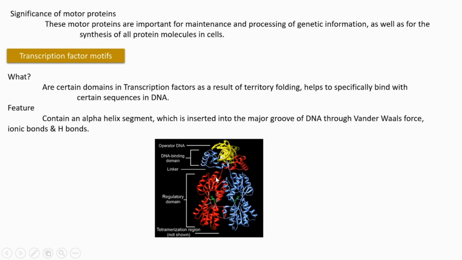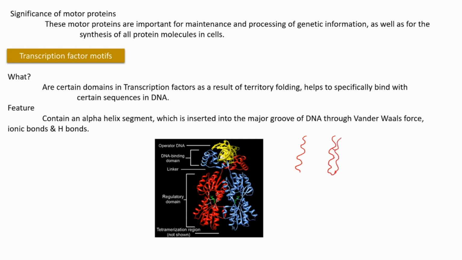Before going to this portion, I am just telling you that proteins have different organization. Primary structure means a single helical chain. Secondary means folding or combining with the other.